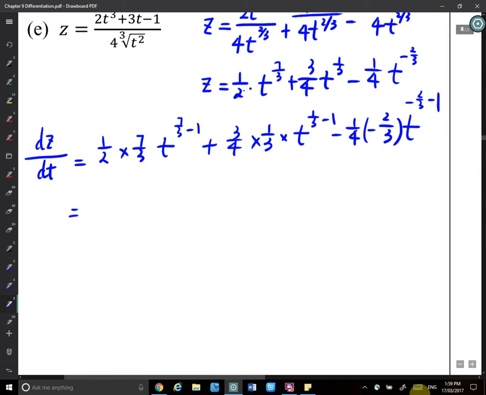So what do we have? That is 7 on 6 t to the power of 4 on 3 plus a quarter t to the power of negative 2 on 3 plus 1 on 6. Cancel that 2. 1 on 6 t to the power of negative 5 on 3.